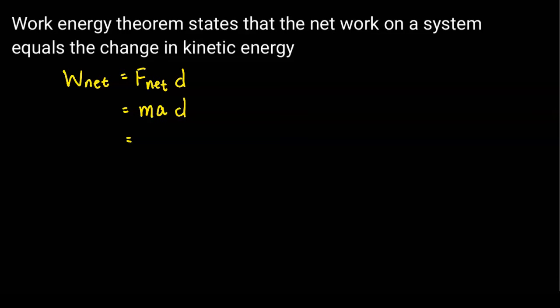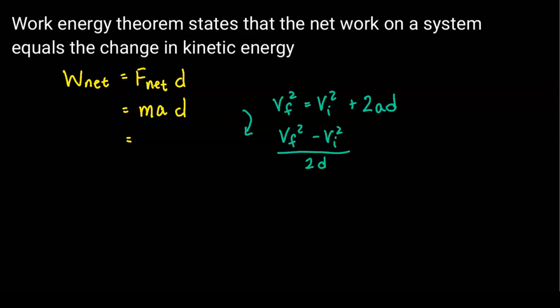Next, I'm going to substitute one of our kinematic equations, which is Vf squared equals Vi squared plus 2a times the displacement. And I'm going to divide by 2d on both sides, so I get Vf squared minus Vi squared divided by 2d is equal to the acceleration.